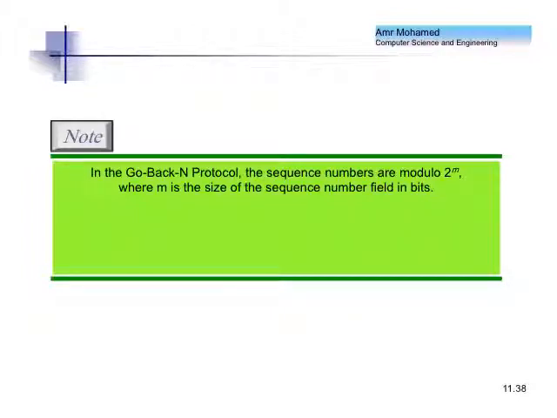It defines a window of number of frames that you can send before you have to wait for acknowledgement. And as we have seen in the previous example, the size of the window is more or less dependent on the bandwidth of the channel.